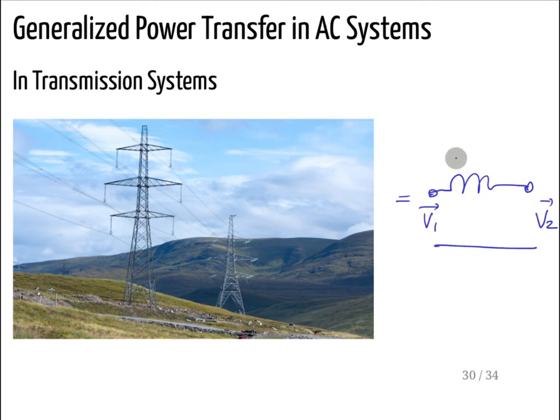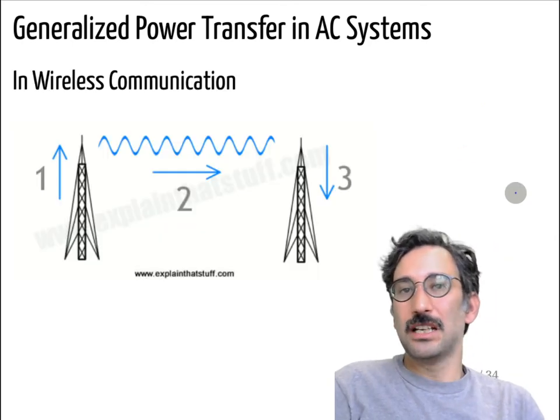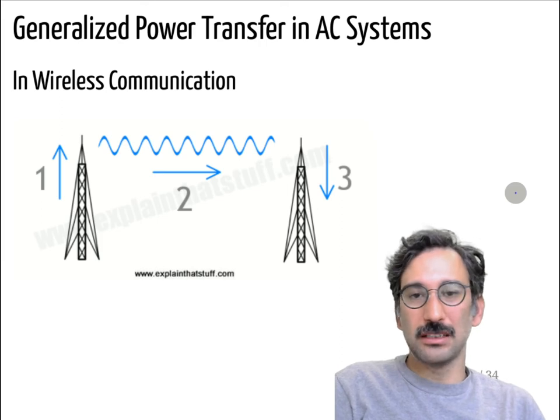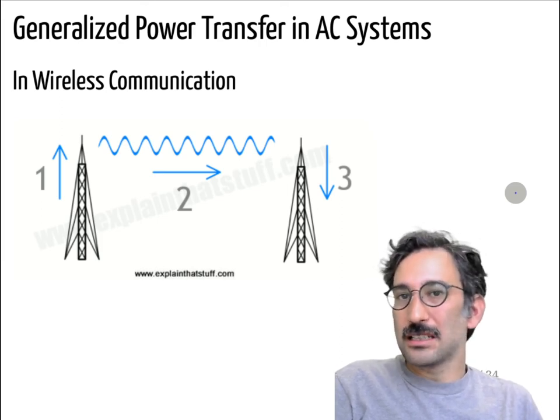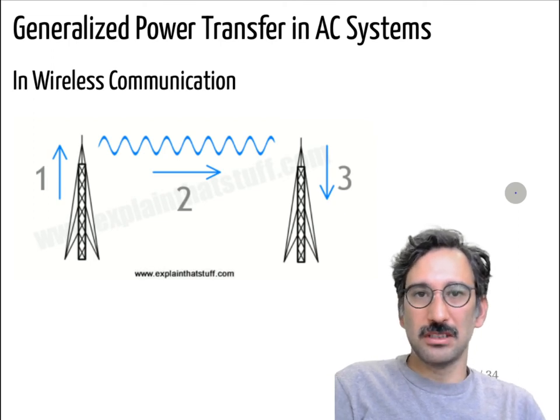So basically whether the power flows from one side to the other, or the other way, is determined by the leading or lagging relation. And it is not only in AC systems like a power grid. In wireless communication, that is the same idea. That's an AC system, just the frequencies are higher.